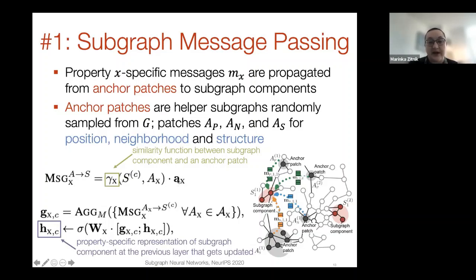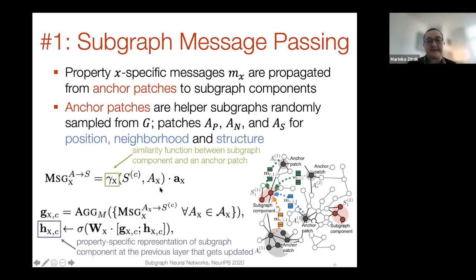It results in a vector A sub X, and that vector is then sent to the subgraph component. Sending to the subgraph component essentially boils down to calculating similarity between the anchor patch and the subgraph component. That similarity function captures how similar they are in terms of position or neighborhood or structure.